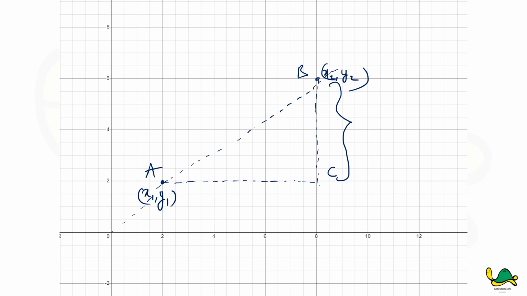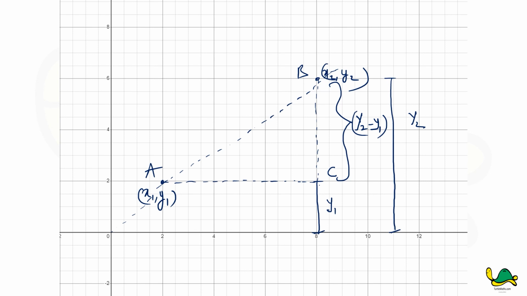Look here, from the x-axis to the point B, it's y2, and from the x-axis to the point C, it's y1. So I can say that the length of BC can be given as y2 minus y1.